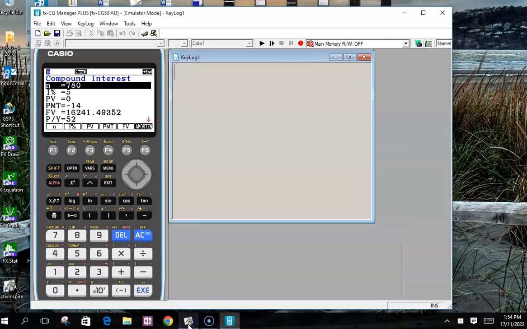So here we go. What do we think n is? No, n isn't 10,000. N is 15. Interest, please notice, we don't have to put 0.05. The calculator has percent here, so we just say 5%.